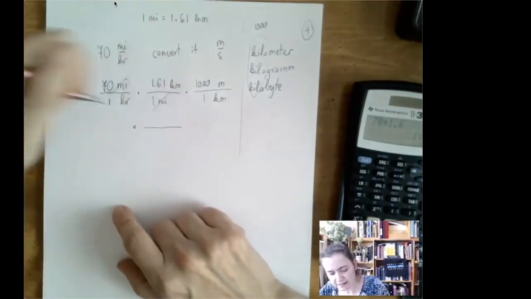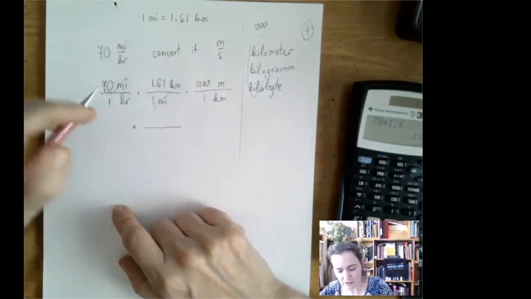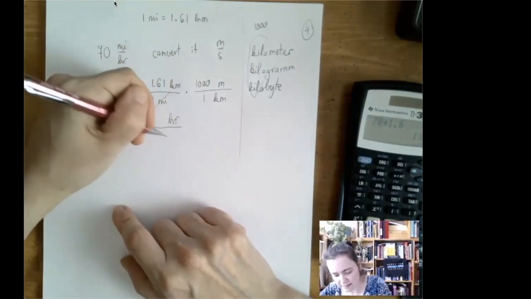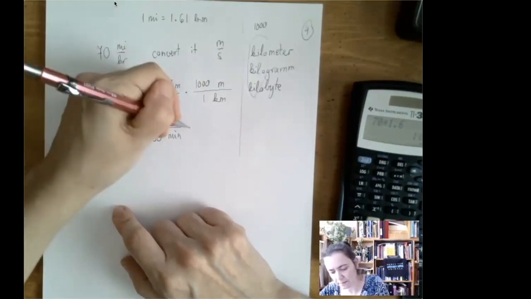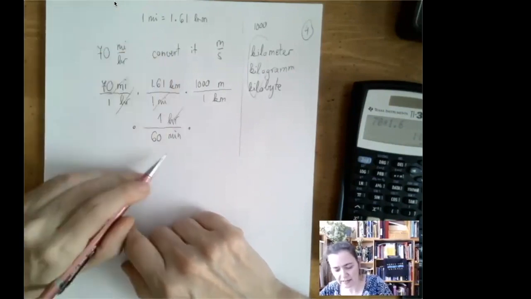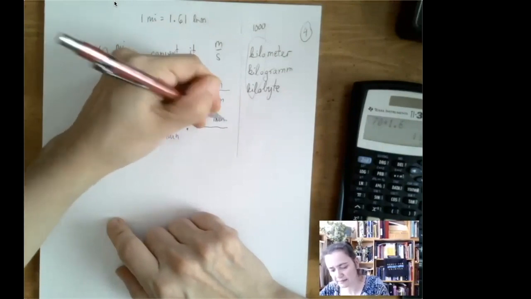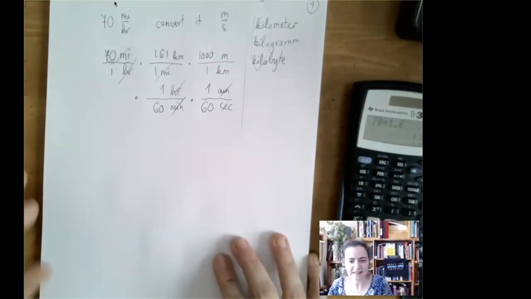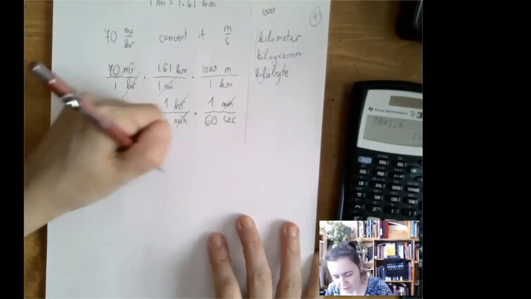And now we can start working on the hour. Now the hour is downstairs. So to cancel it out, we put it upstairs, and let's say minutes. And we know that 1 hour is 60 minutes. And now we're in minutes, and 1 minute is 60 seconds. So here we are. This is much harder without conversion factors. What do we have upstairs?